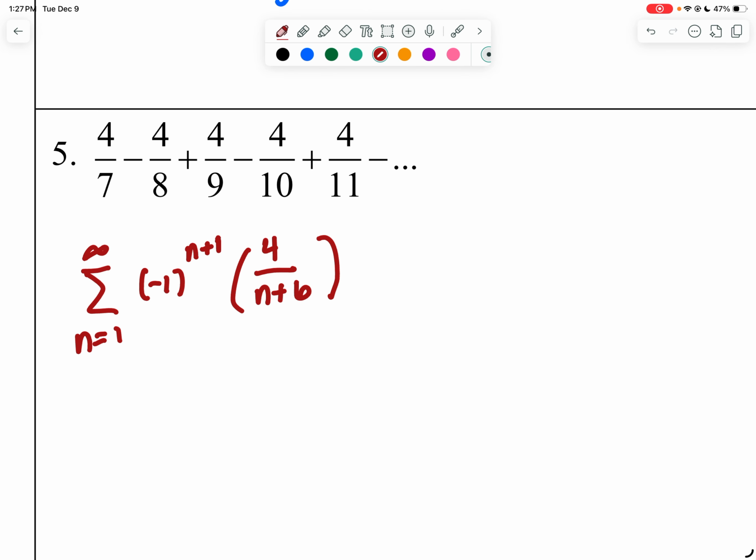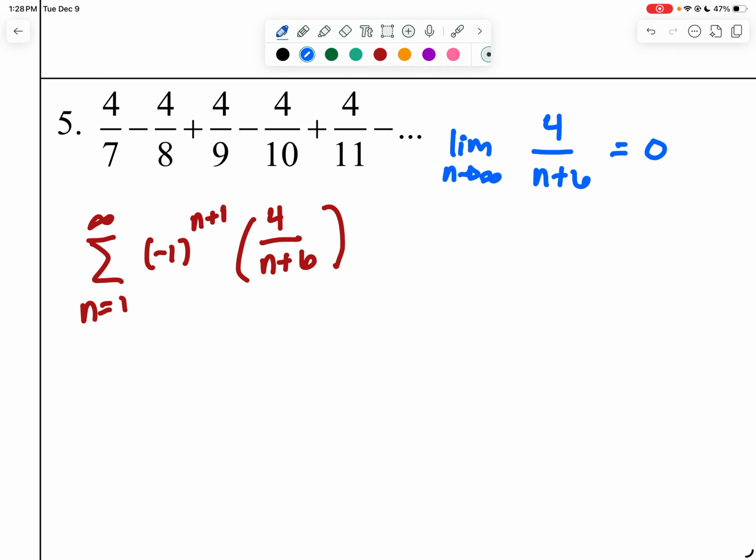All right, so once we do that, we're going to go ahead and think about the limit as n approaches infinity of my sequence of 4 over n plus 6. Lucky for us, that's just going to be 0. And then what we're going to do here is look and see if the terms are decreasing. What I'm going to do is just take the derivative because I think that's going to be easier.